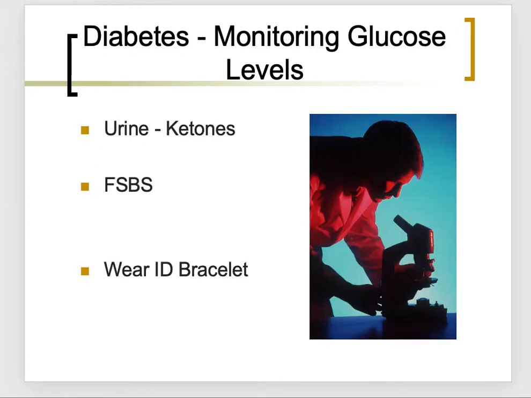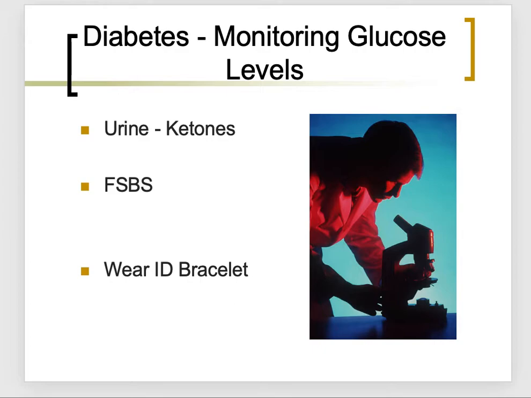How we monitor is if we get an elevated glucose level, an FSBS, a finger stick, a little machine that pokes a little drop of blood and you put it on the strip. If that's elevated, then often we're going to follow it up with a urine test, right? Pee in the cup and test for ketones. All diabetics should have some type of ID on them.